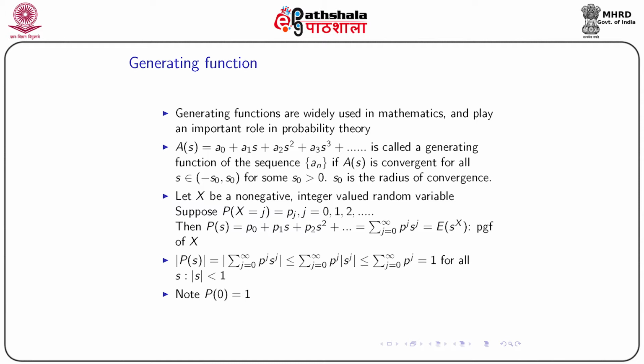Let X be a non-negative integer valued random variable, and denote probability X equals j as p_j. Then, corresponding to the similarity of A(s), if I define P(s) as p0 plus p1 s plus p2 s square plus p3 s cube and so on, in summation form sum over j from 0 to infinity p_j s to the power j, then this is called the PGF of X. PGF means probability generating function.